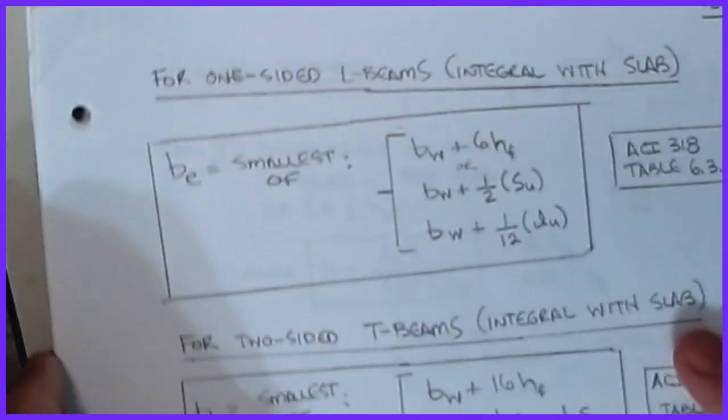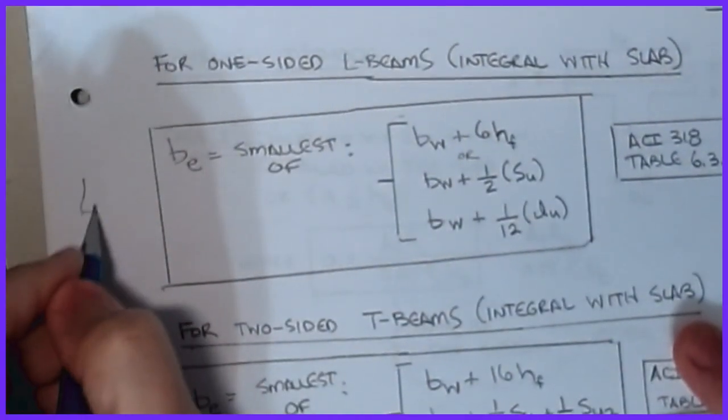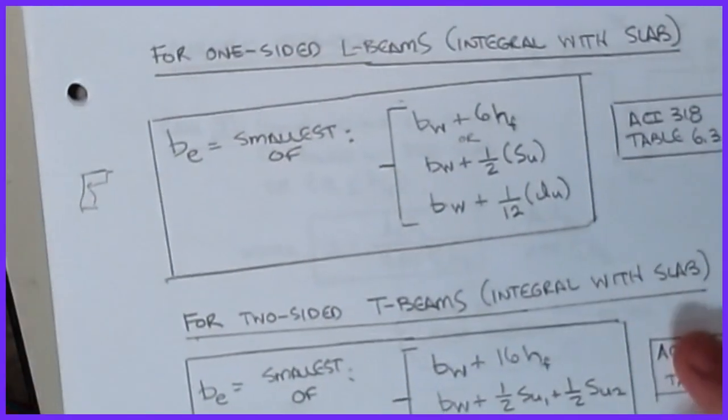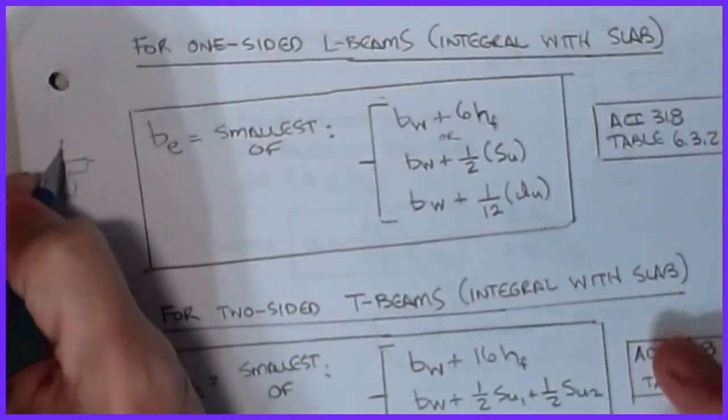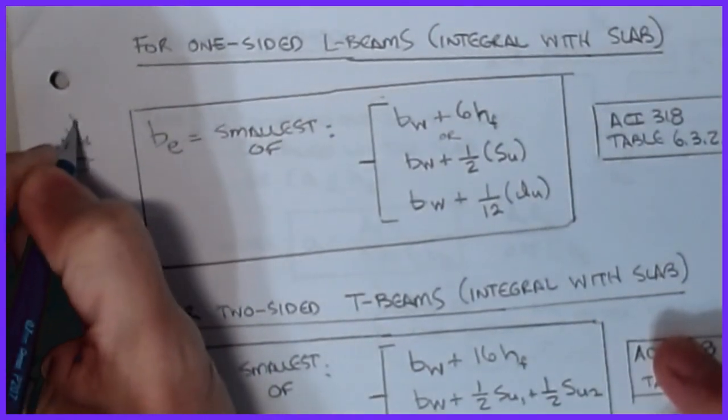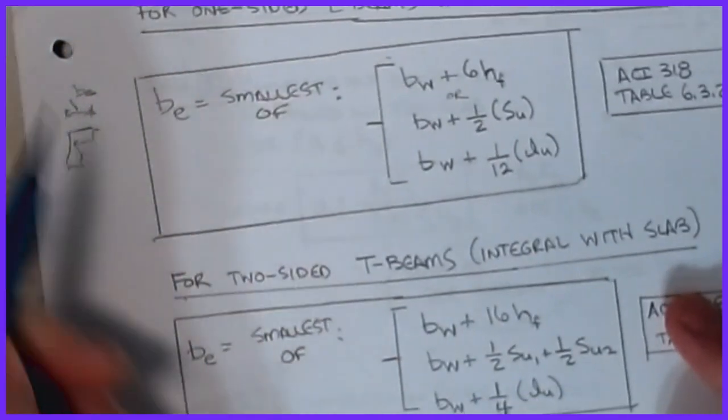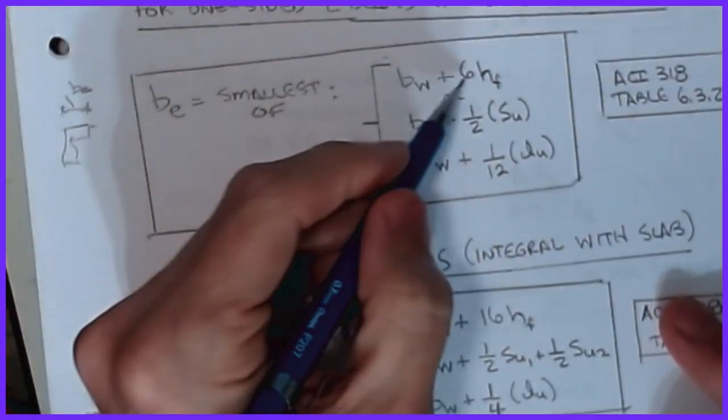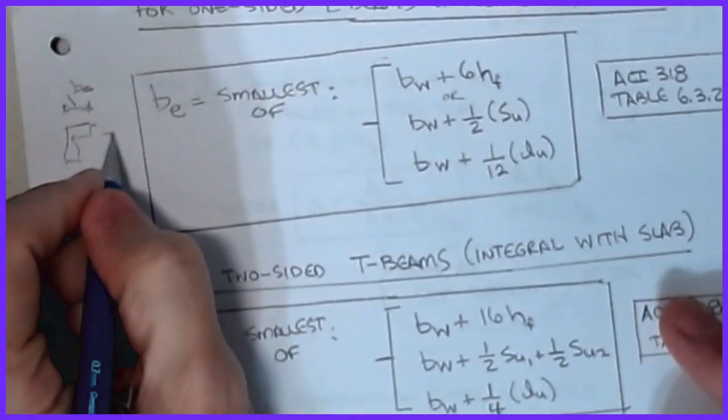All right, so for the one-sided case, which again was our L case on here, the effective flange width, which is this dimension that you're allowed to count on, is the smaller of BW plus 6 times the slab thickness, where this is HF.